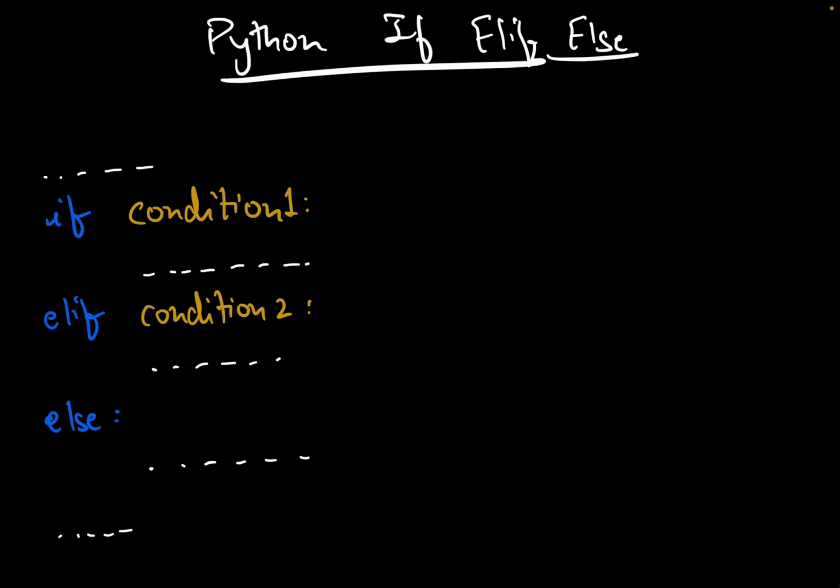Basically, if the first condition is satisfied, if condition 1 is a true boolean, then the block of code written under if will be executed. After that code is executed, we'll directly go to the unindented block of code, which is the last line here.